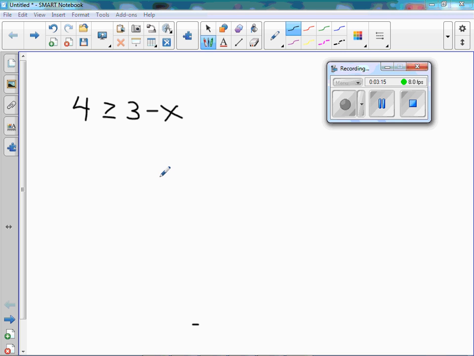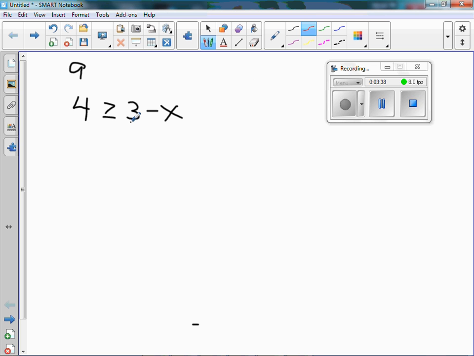This problem comes from number 9 on the same day, which is Wednesday, October the 1st. It reads 4 is greater than or equal to 3 minus x. Now our first step, we have to isolate the variable by completing an inverse operation.